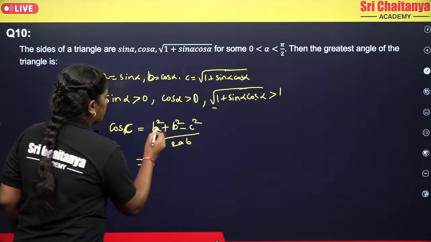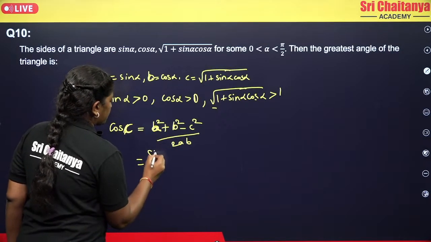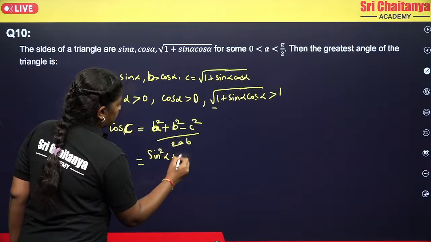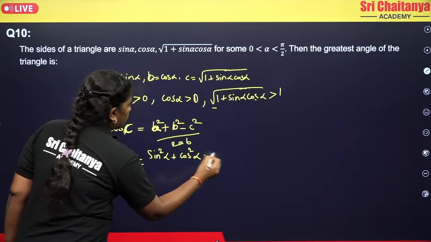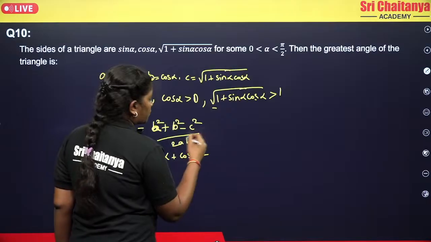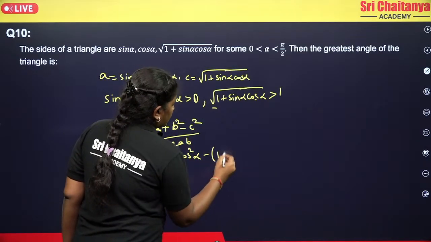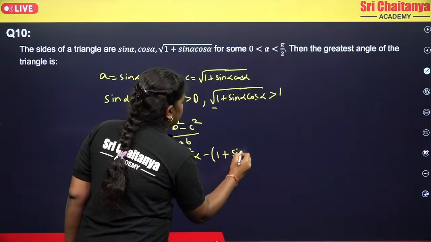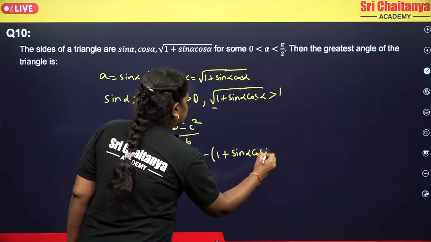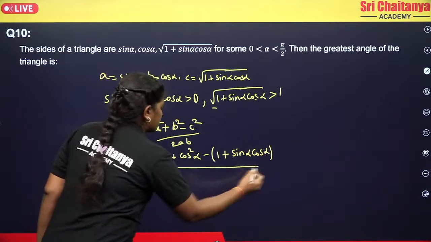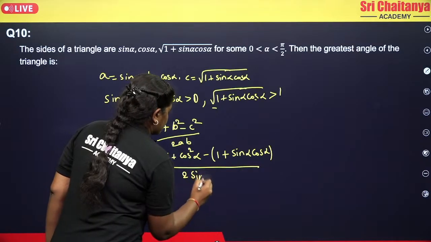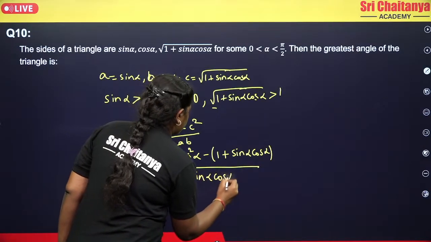So now it will be A value which is sin square alpha plus cos square alpha minus C, so root and square will get cancelled, so you will get minus 1 plus sin alpha cos alpha, okay, by 2 into sin alpha cos alpha, okay.